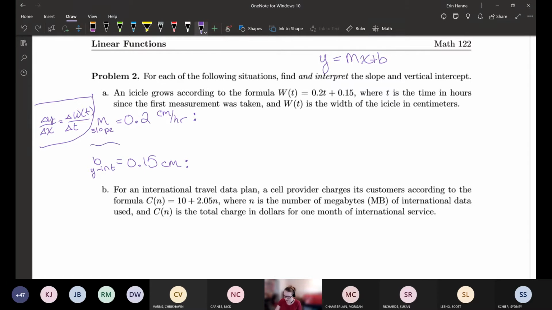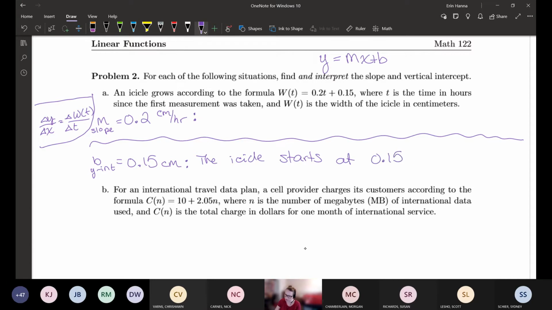I'm going to do the y-intercept interpretation first, just because that's a bit more familiar to us at this point. Remember that the y-intercept is technically a point, and it's when the other value is 0. So when t is 0, the other value is 0.15. So time is 0, width is 0.15. It's essentially going to be the starting width. So I would say something like the icicle starts at 0.15 centimeters in width.